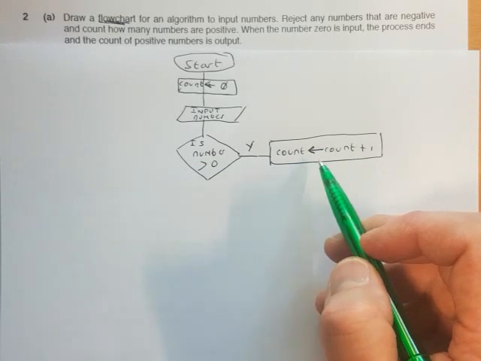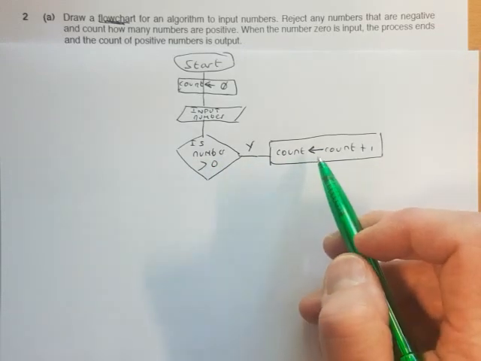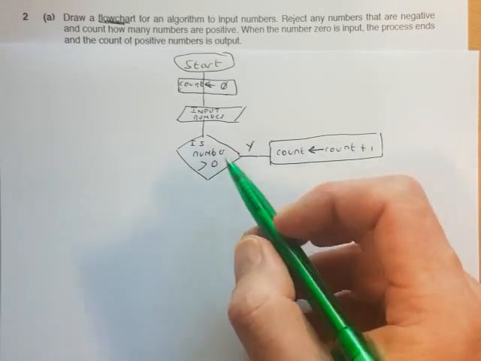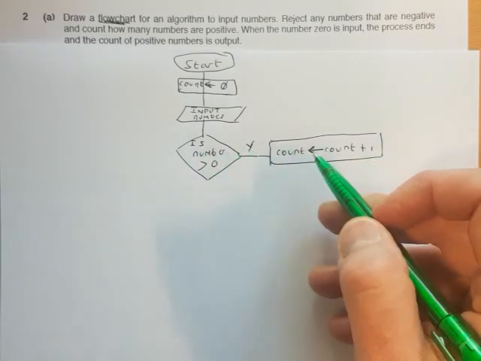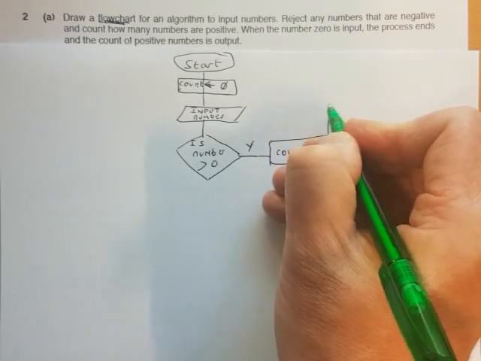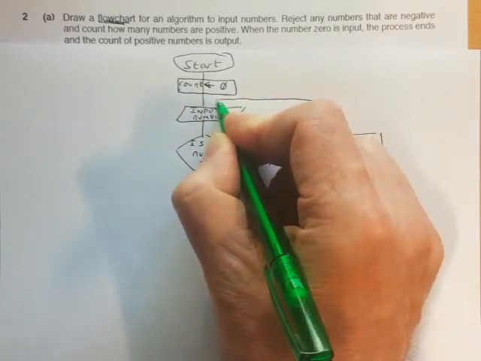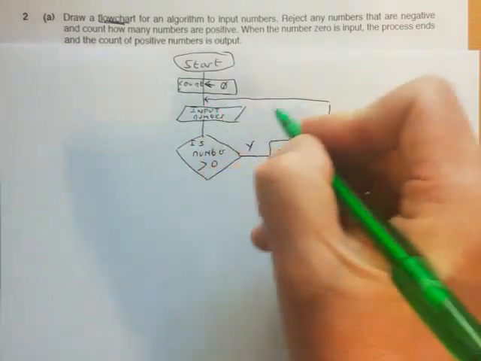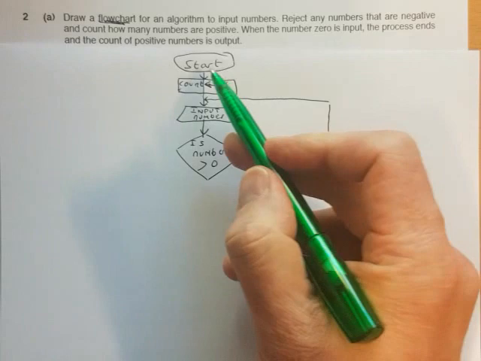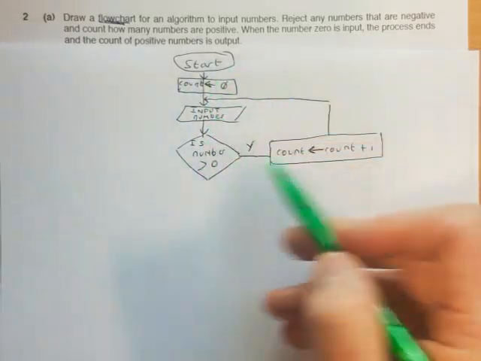If it's greater than 0, we're going to add 1 to the count. Okay, and I suppose once we've counted it, we need to go back and allow them to enter another one. And also don't forget to draw in the direction of the flow of data. So positive number, positive number, positive number.